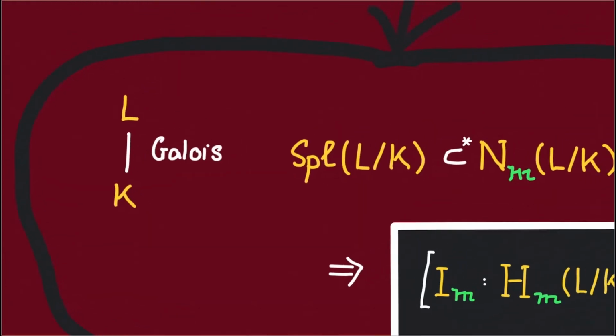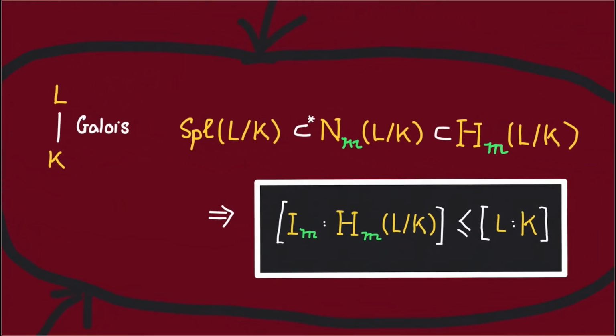Therefore, even though L might not be the class field corresponding to the ideal group H_M, we do know that the primes of K that split in L must lie inside this H_M because they must lie inside this norm group.